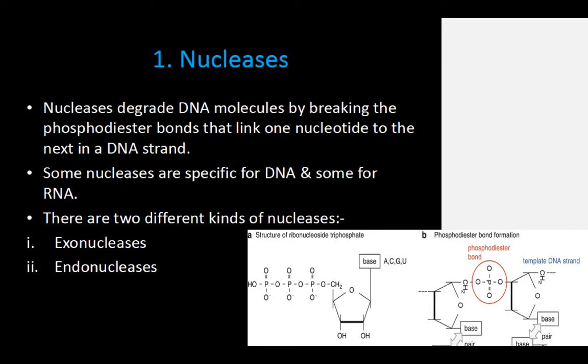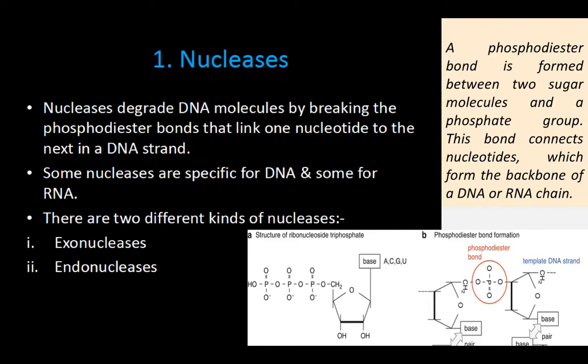Now where is this phosphodiester bond going to be produced? This particular phosphodiester bond is always produced between one phosphate group and the rest of them are ester groups. That's why the name given is phosphodiester.